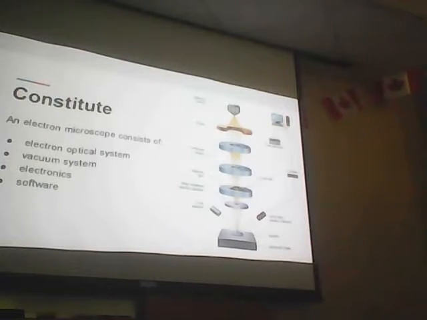So for the scanning one, we have mainly several parts of the system.